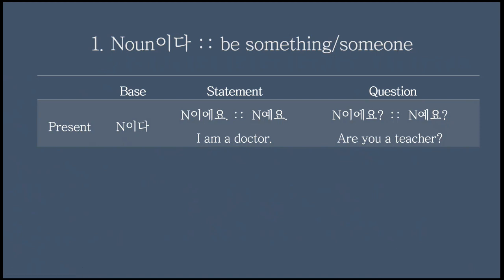Could you make this example sentence in Korean? I am a doctor. 어떻게 말해요? 저는 의사예요. We have to use 예요 because 받침 없어요. 자, question sentences are exactly the same as the statements, just increase the intonation, isn't it? So, noun이에요 or noun예요.